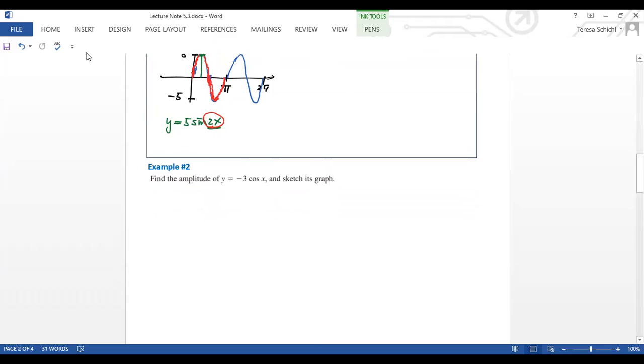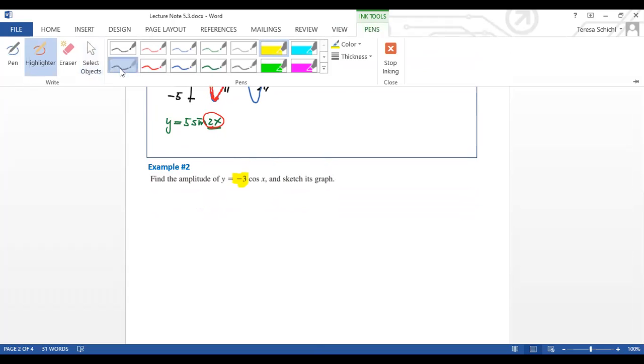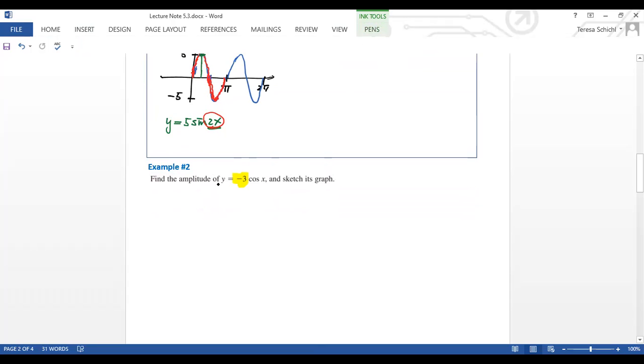First, we know this is multiplied by -3, so this is a vertical stretch. The amplitude will just be the absolute value, 3. That means the distance from the x-axis to here is 3.